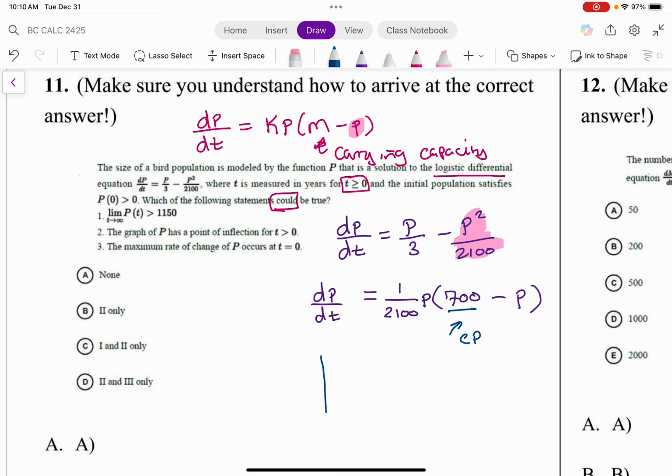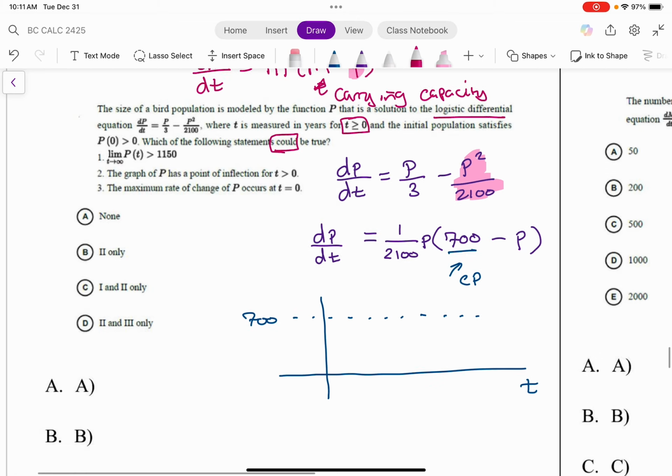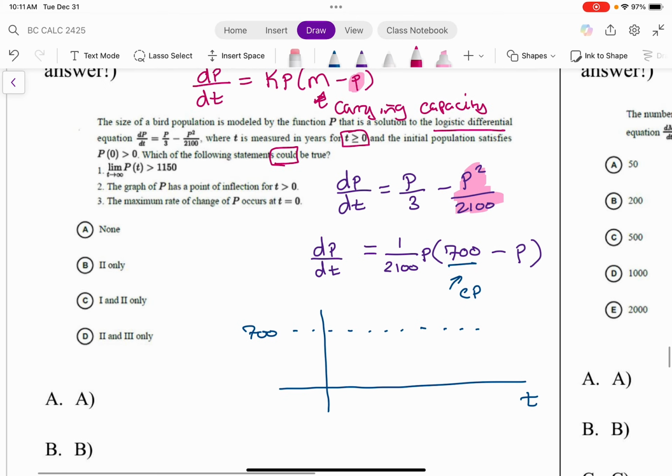So let's sketch what this graph could look like for p. There's t. I know my carrying capacity now is 700. And I know these logistic differential equations have functions whose solutions tend to do this s thing, especially if your population is positive.